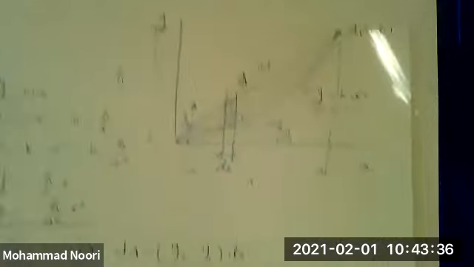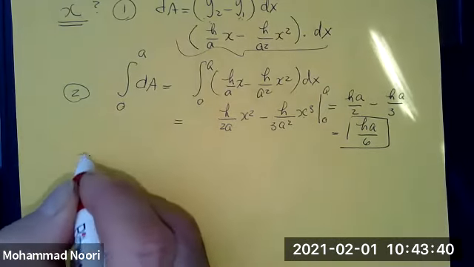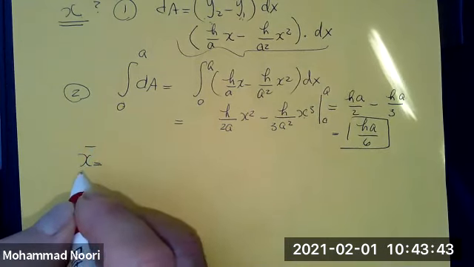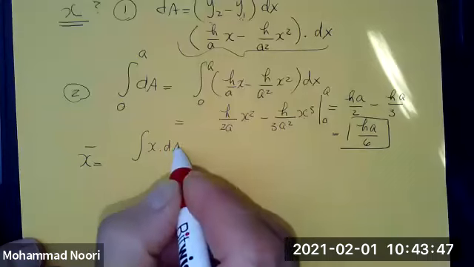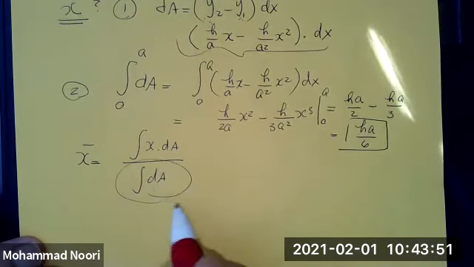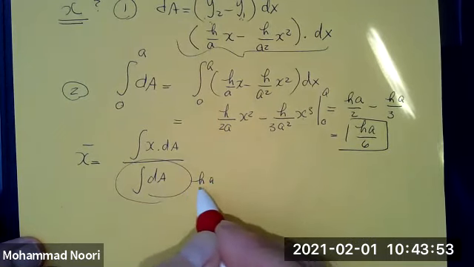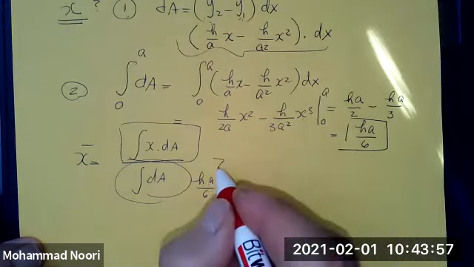Okay, so now x bar, the equation for x bar was the integral of x dA divided by the integral of dA. This you've already found is now h a over 6. So all I need is to evaluate this integral.